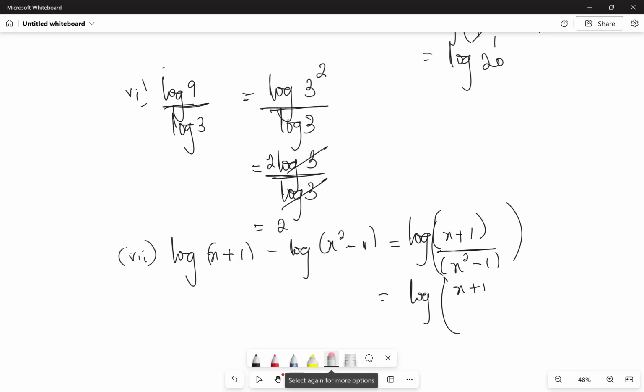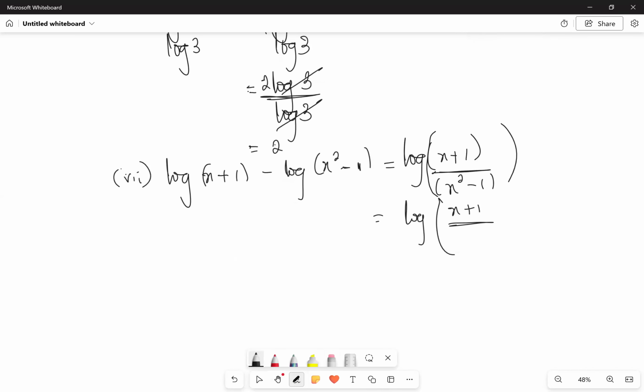Now, in algebraic expression, there is something called difference of two squares. Let me write it in. Difference of two squares.